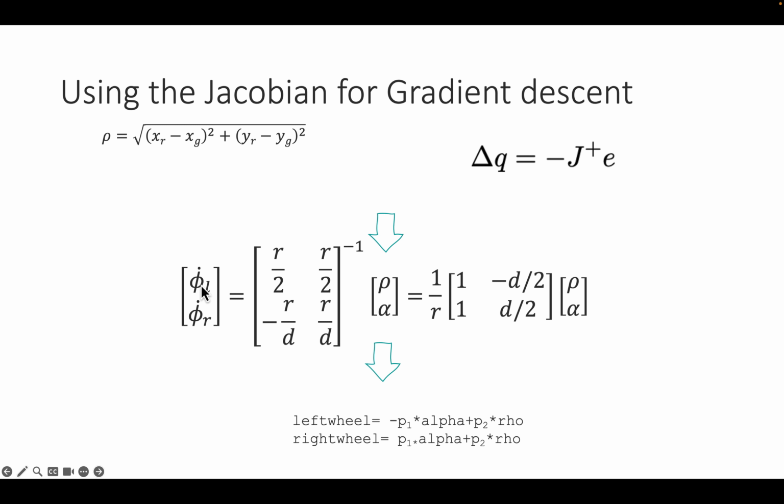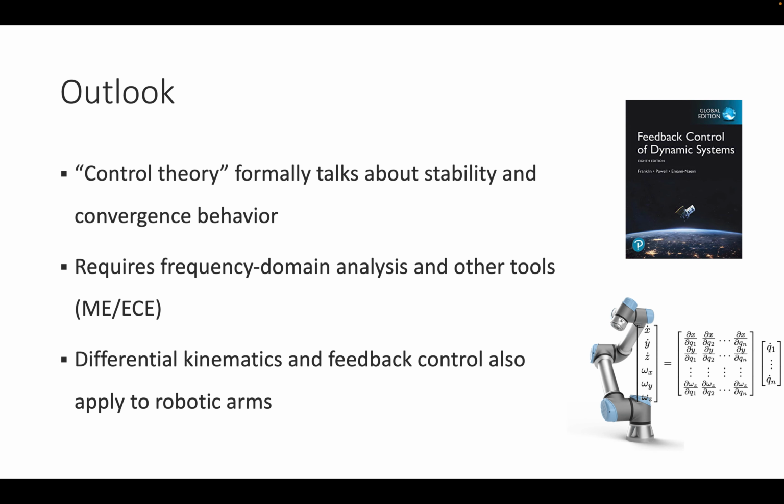the wheel speeds. So what you've seen so far is a little bit of background on why the controllers that we've been deriving intuitively actually do work. They are derived from the idea to optimize a function. In order to really understand how this works and to formally talk about stability and convergence behavior, you will need to take another class like feedback control of dynamic systems.